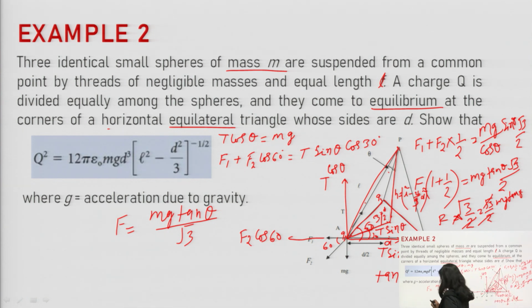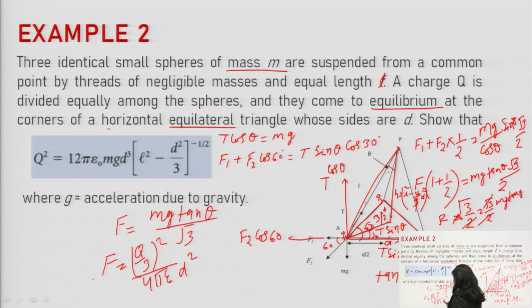Further, F will be equal to Q/3 squared divided by 4 pi epsilon. The distance between these two is D, so it will be D square.